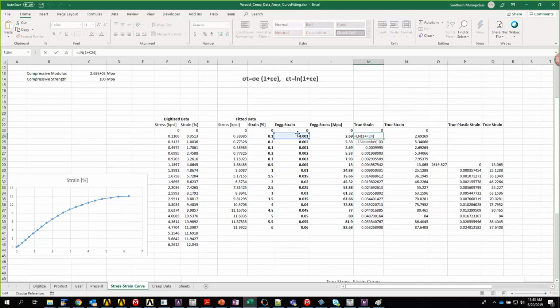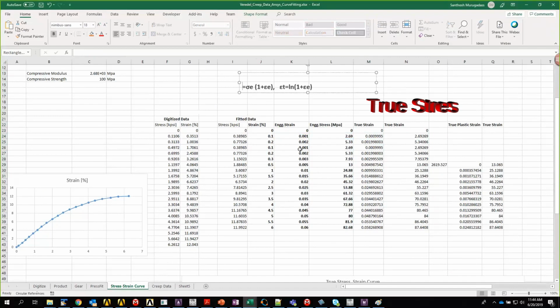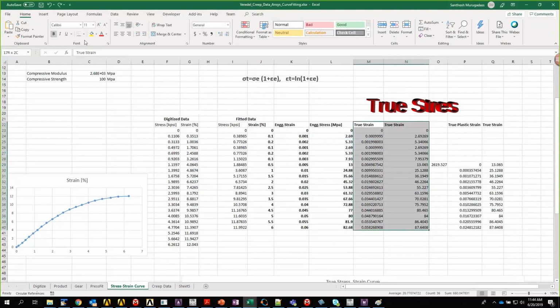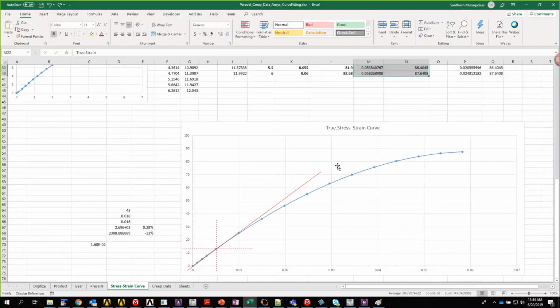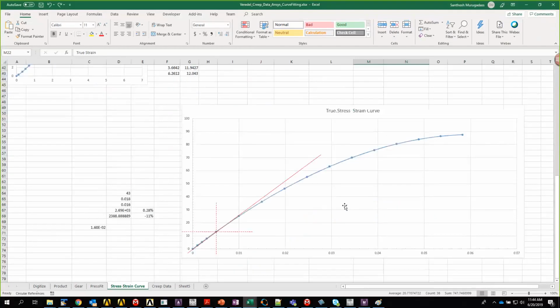First, I'm converting my engineering strain into true strain, and then similarly, using the engineering stress and engineering strain, we can get the true stress. So we got this information here. This is the final stress strain curve that we are going to use. I have plotted this final true stress strain curve here.